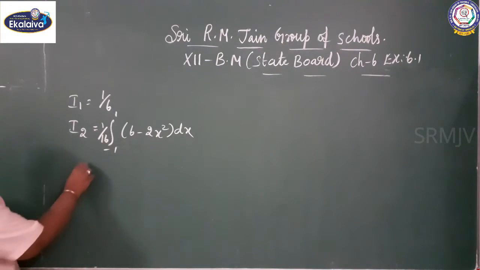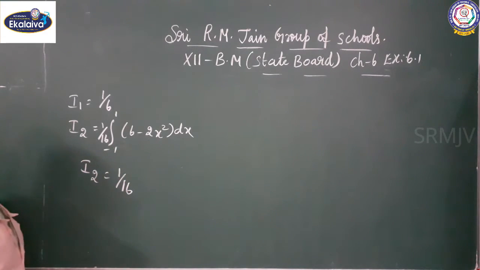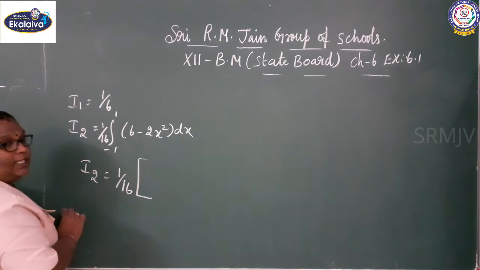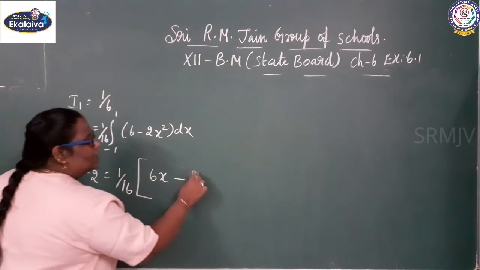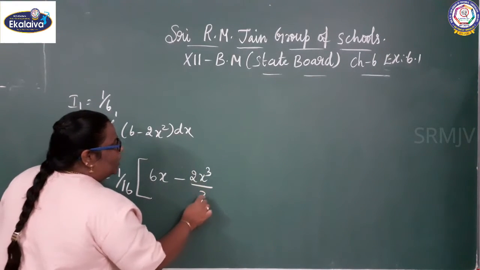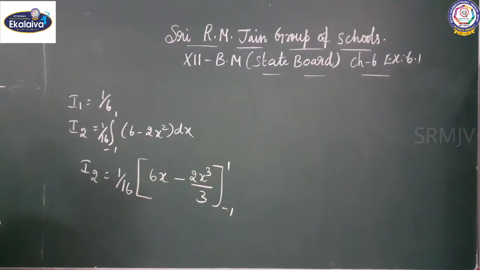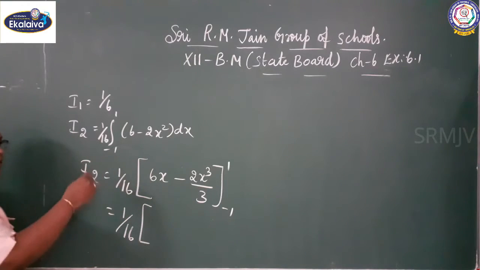So I2 equal to 1 by 16 into integration of 6 is nothing but 6x, minus 2x square is 2x cube by 3. The limit is minus 1 to 1. 1 by 16 into, you can substitute the upper limit.